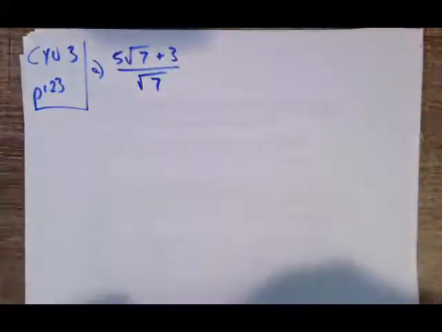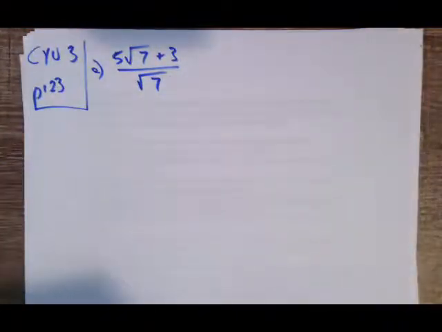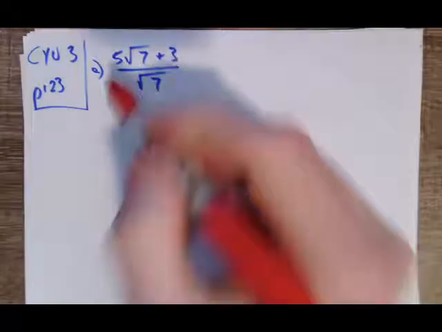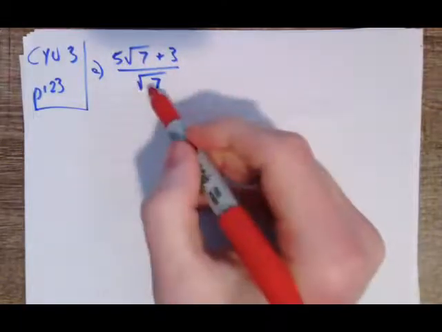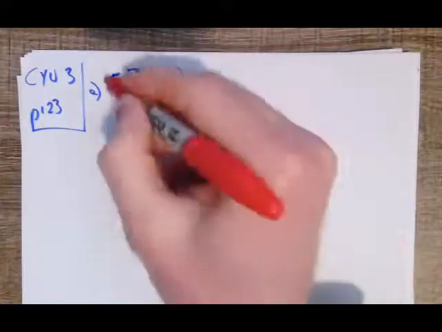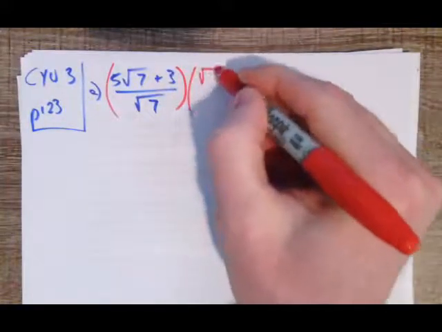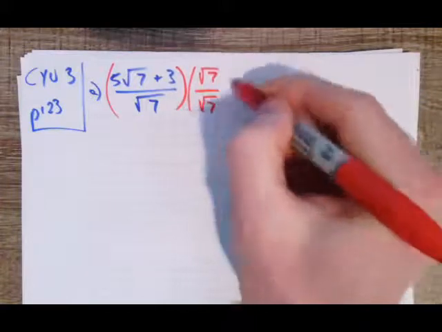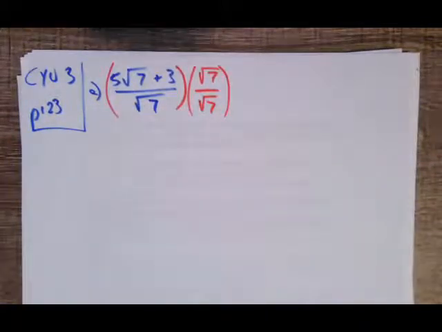And what the book is asking us to do, it looks like this marker is drying up, hey? It's saying simplify, which means get rid of the radical in the bottom. As we've been taught, multiply the top and the bottom by the same thing.